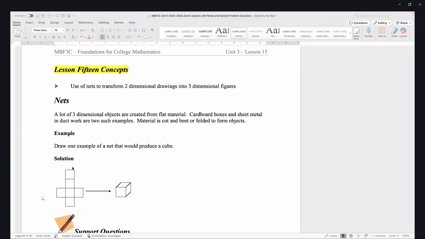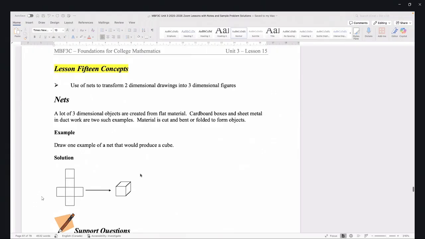And then there are going to be places where the cardboard is perforated or kind of indented so it can be folded along lines. And then when you fold it along those lines, you can create a box. You can actually go to places that still sell stationery, and you can buy different shaped boxes that are just pieces of cardboard that you have to fold up to make a box.